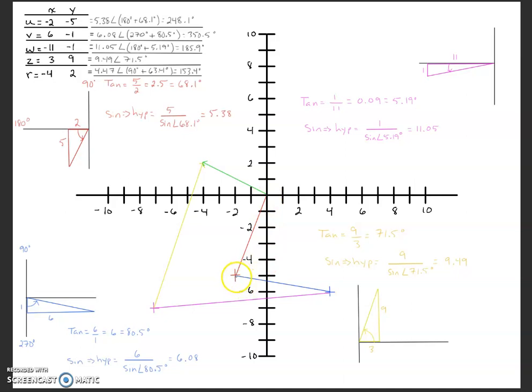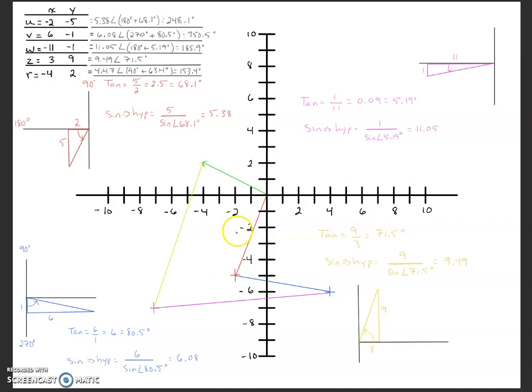So we have the first vector, -2, -5, and then from here, it's just as if you started from scratch. Right here, I drew the little crosshairs, as if you started right from here. So here now, we have +6 on the x and -1 on the y. This would be your x-axis, this would be your y. This is 0 degrees, this is 90 degrees, 180, 270. So on the x, 6.